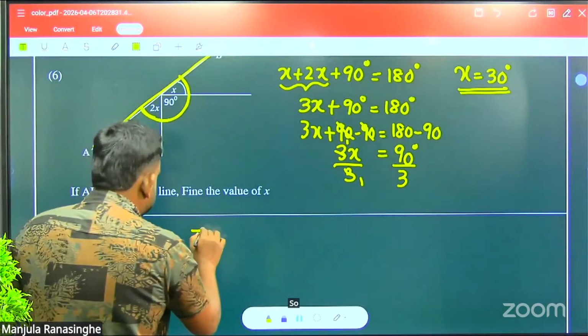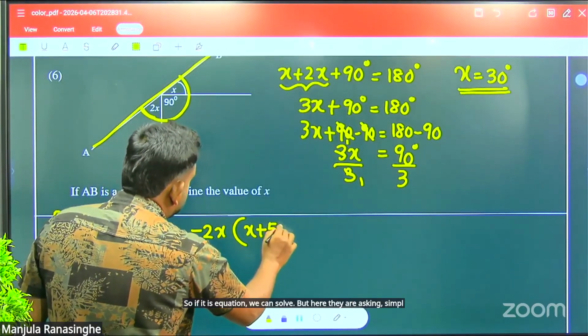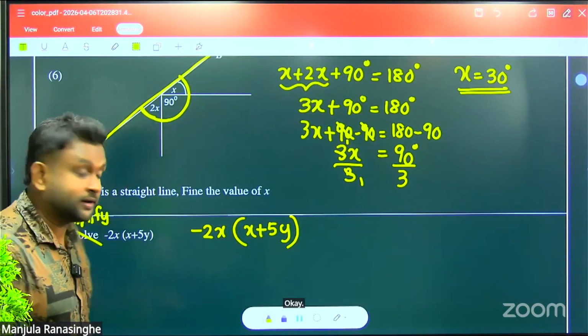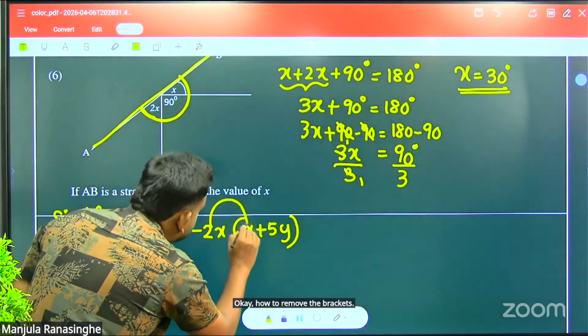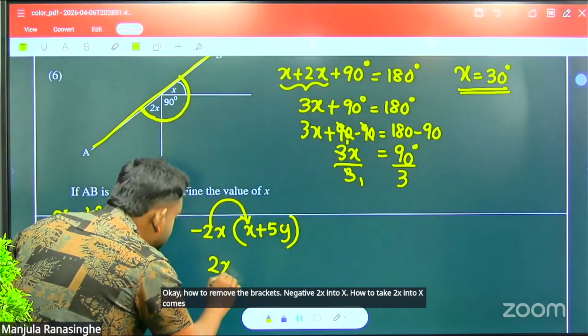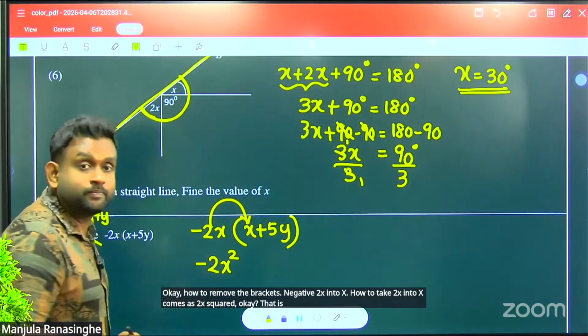It is not an equation to solve. If it is an equation, we can solve, but here they are asking to simplify. That means you have to remove the brackets. How to remove the brackets? Negative 2x into x: 2x into x comes as 2x squared, and it is negative.